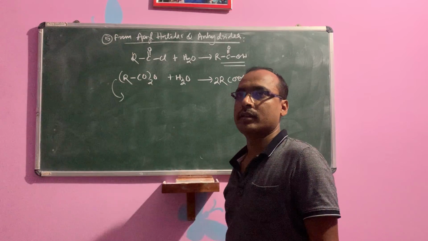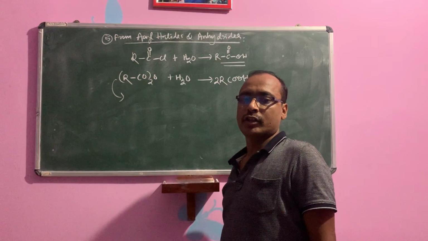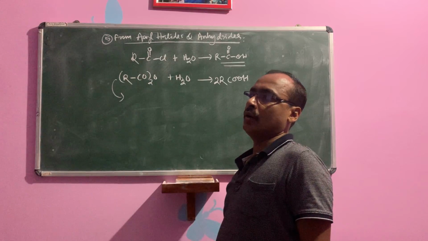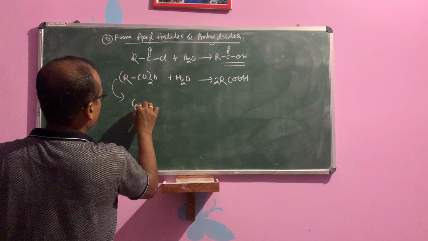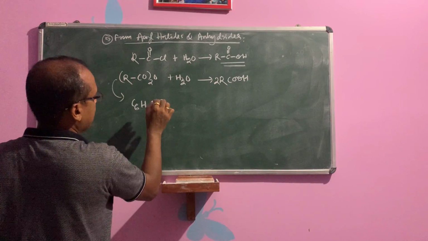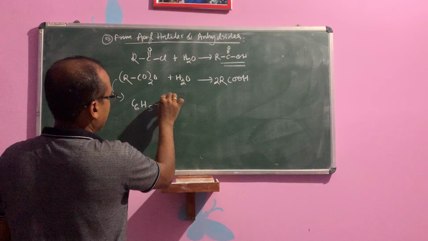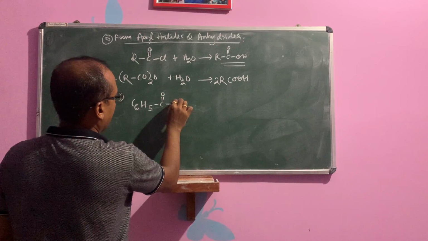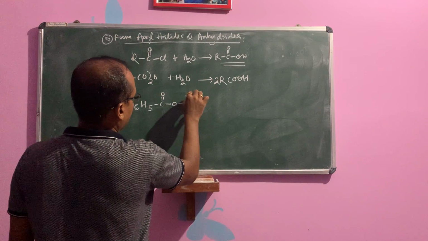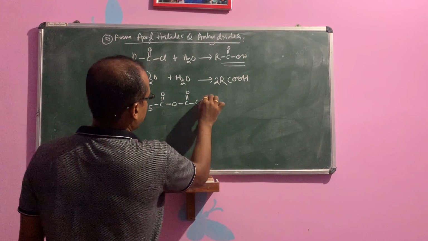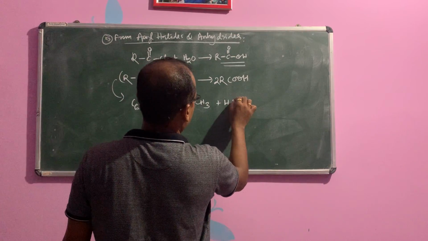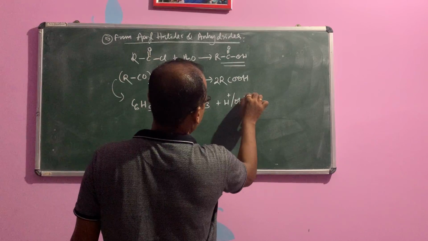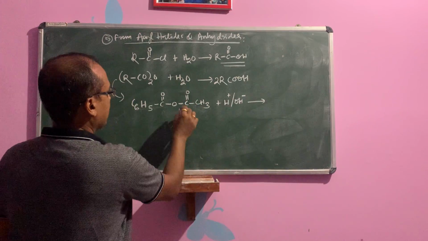Children, if you take one example of this, suppose benzene C6H5CO-O-CO-CH3, that is C6H5-C double bond O, O, C double bond O, CH3. In presence of water, H+ and OH-, you see the mechanism.